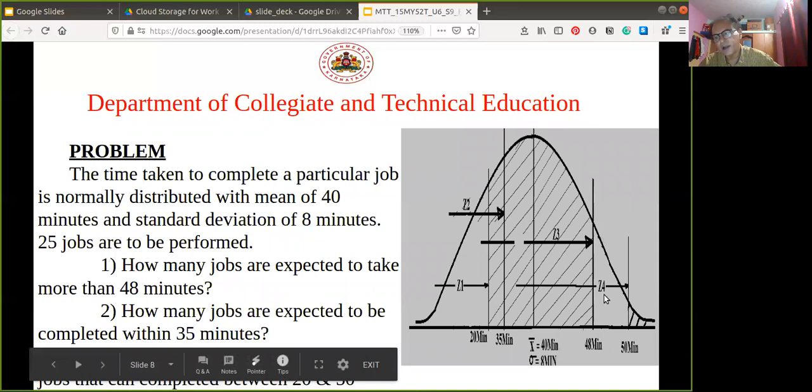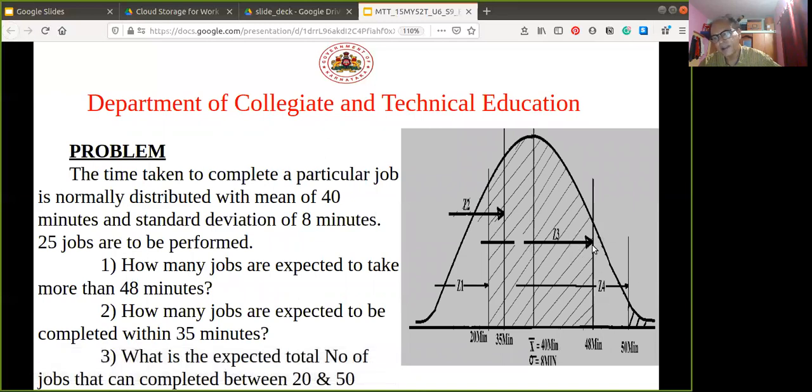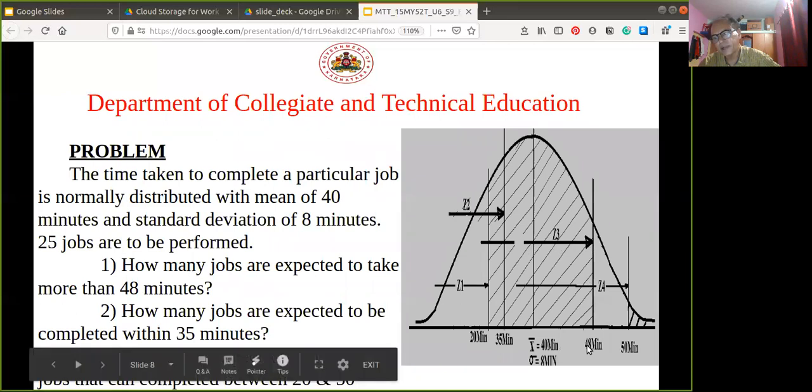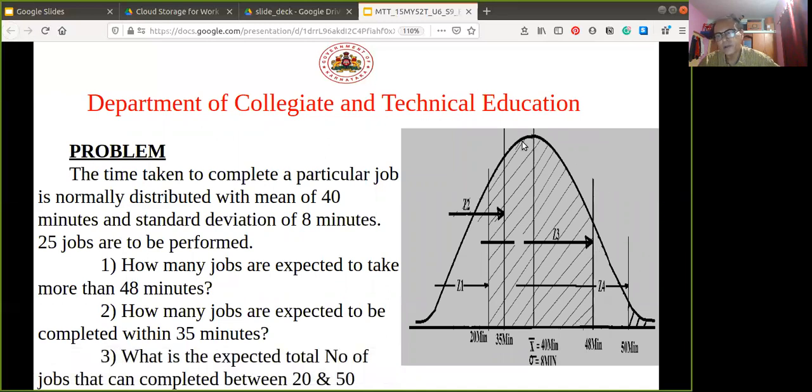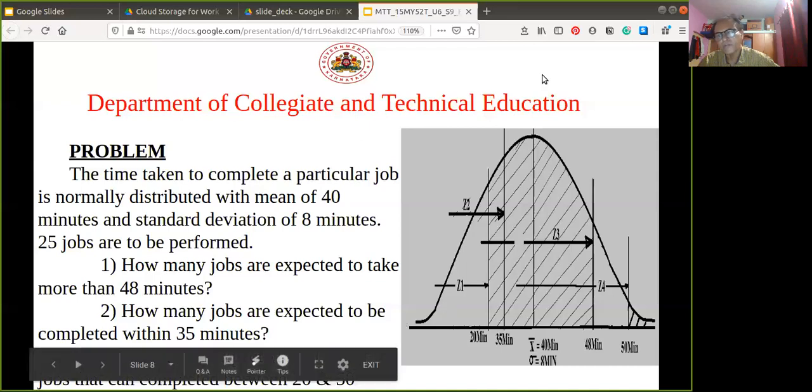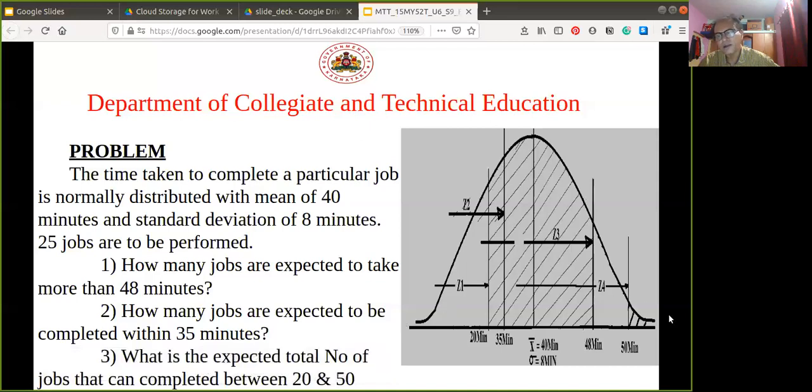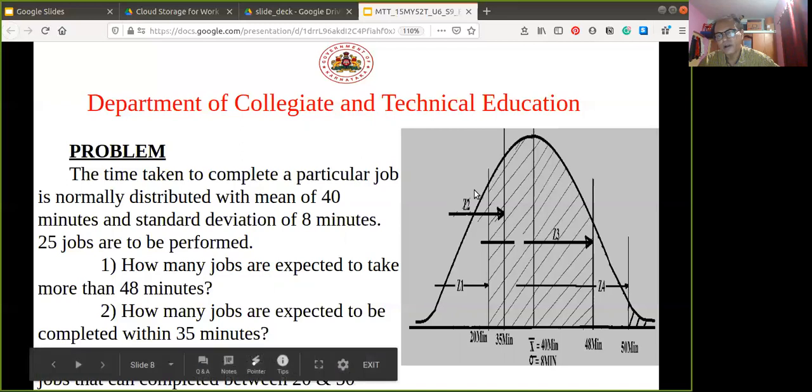So the area beyond this will be equal to the area under the whole curve. The area under the whole curve is 1.